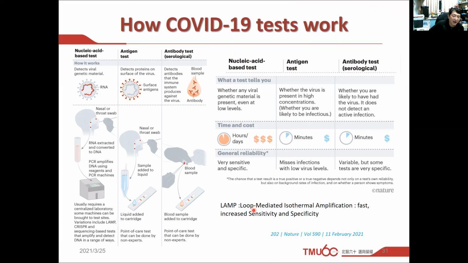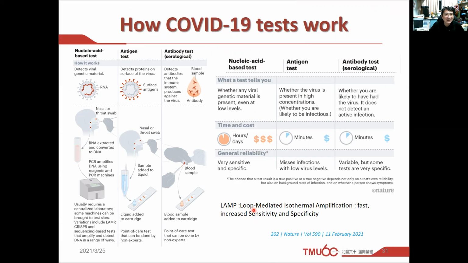Another way, when you want to make sure whether the patient is COVID-19 positive or not, we are going to do diagnosis and testing. There are 3 ways we can perform.